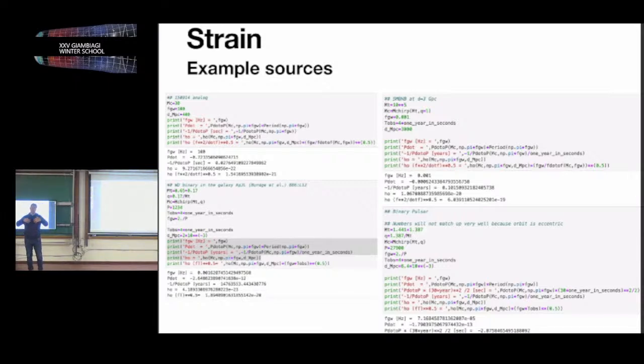LISA could see supermassive black holes far away or binary white dwarfs in our own galaxy. And you can plug those numbers: one solar mass for the white dwarfs, and 10 to the 5 solar masses for the supermassive black holes, but the distance takes it up for the supermassive ones, okay.